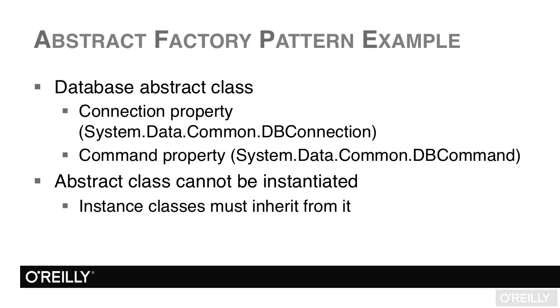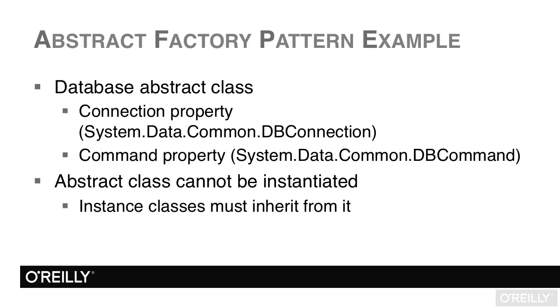Note that there's no kind of database type in that type. The command property would also descend from System.Data.Common, and it would be of DbCommand type. So again, it doesn't specify whether it's SQL Server, Oracle, or OLE-DB. So that's the abstract class that we'll be passing throughout the application. So the application only knows about DbConnection and DbCommand type.